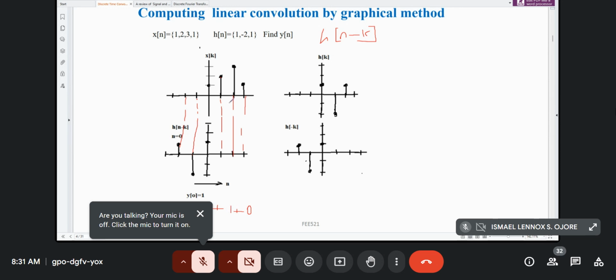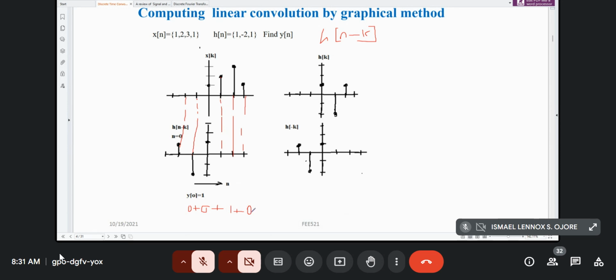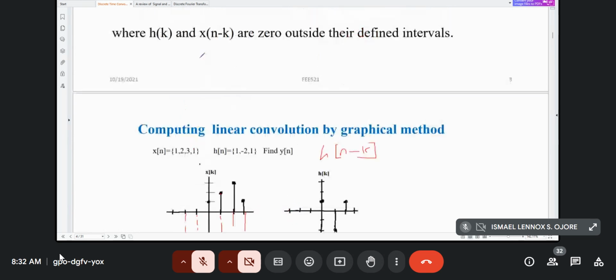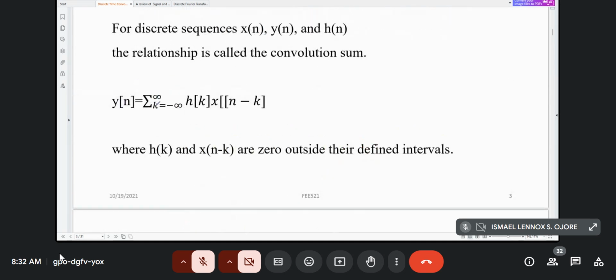Oh, I should do this. Yeah, 2. Then that is 0 plus 3 times 0, plus 1 times 0. So y0 is simply 1. You sum them, because of the summation.